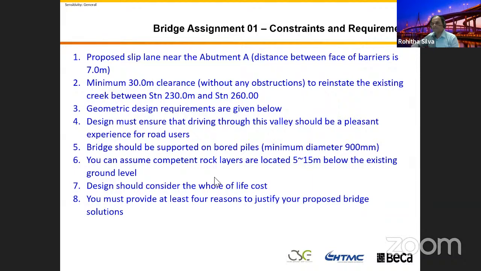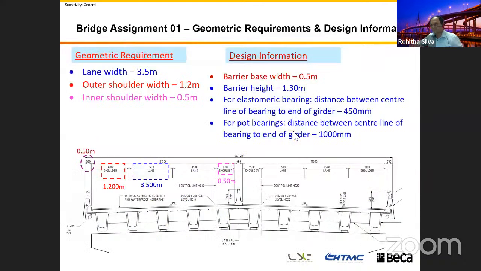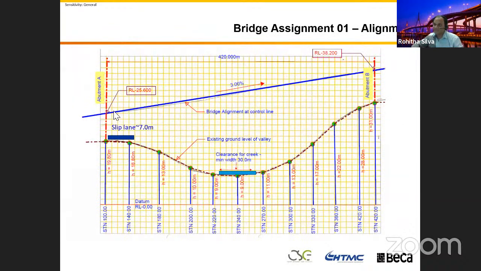So then we know what it is now. The first thing we need to do is the geometric requirement. Before you design the bridge, they gave you the levels. You can see this ground level is 19.8. This is 25.6, which looks like 7 meters above.